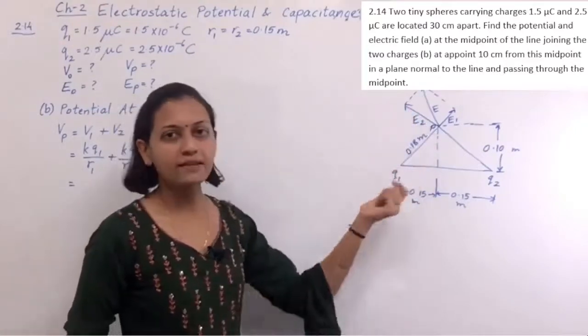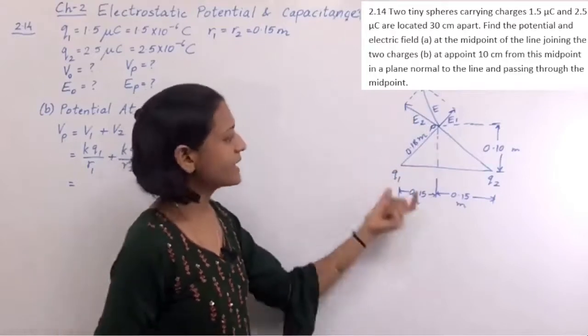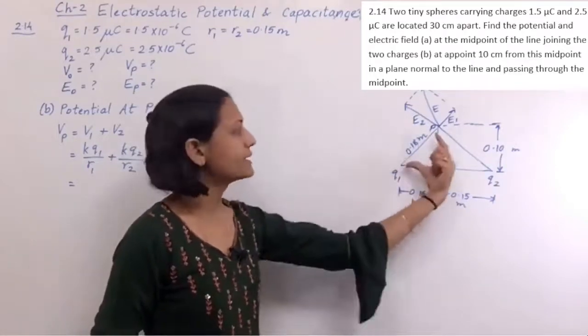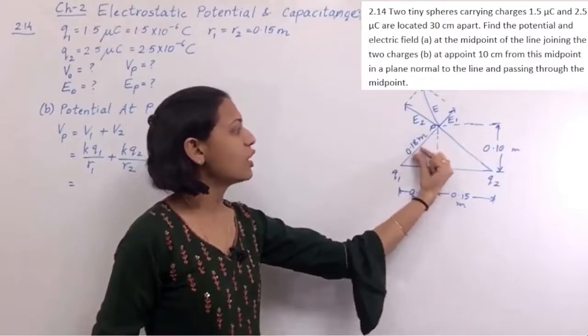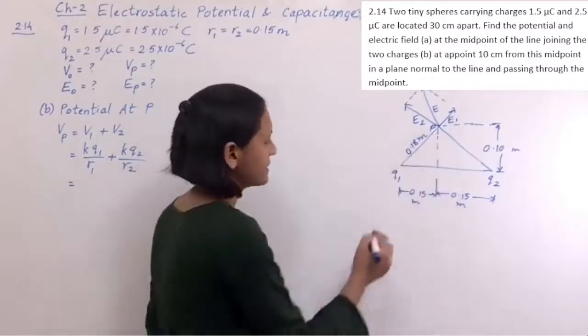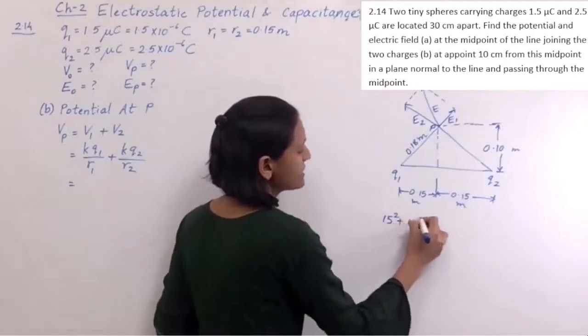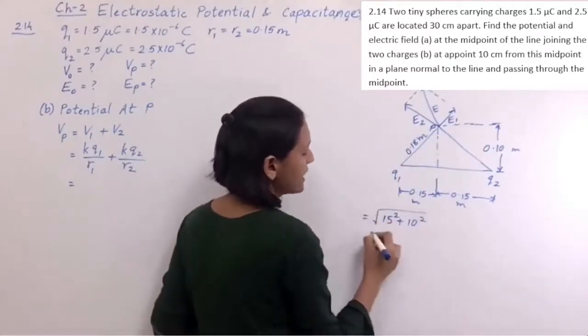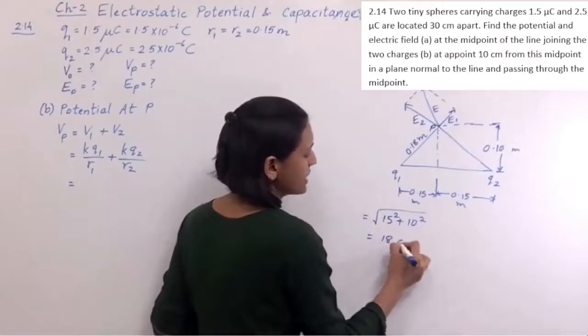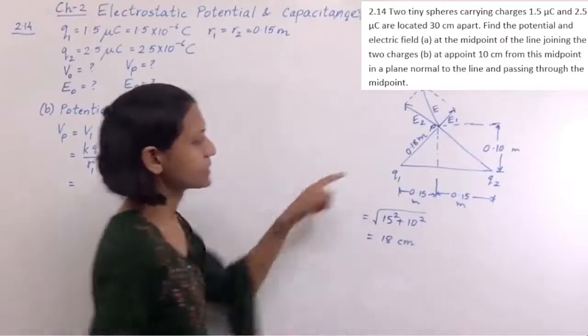If you apply the Pythagoras rule, you will get the value of this, which will be almost equal to 0.18. If you take 15 square plus 10 square and its root, it will be almost 18 centimeter. So that has been taken.